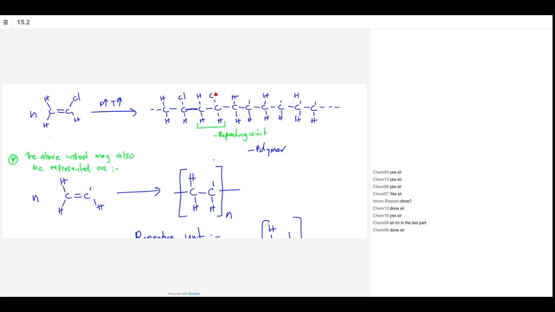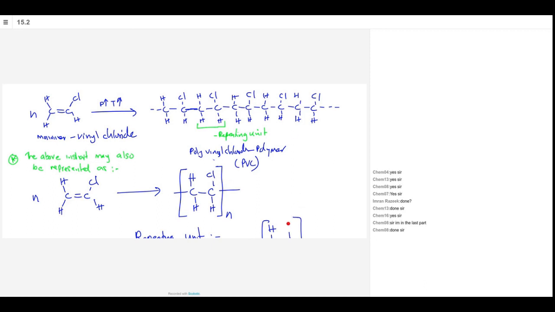That chlorine repeats throughout the structure, and this is the monomer vinyl chloride. That's a common name, but the systematic name here is chloroethene, and the polymer is polyvinyl chloride. In short, we say PVC, right? Everything else is the same, so the only difference is the monomer. So it's easy.